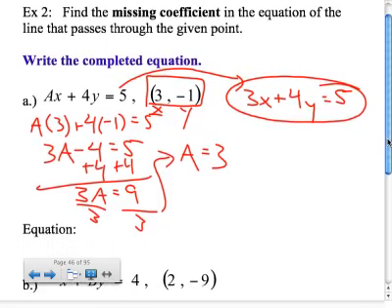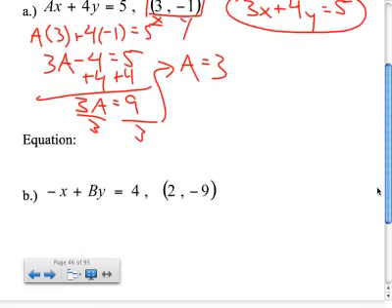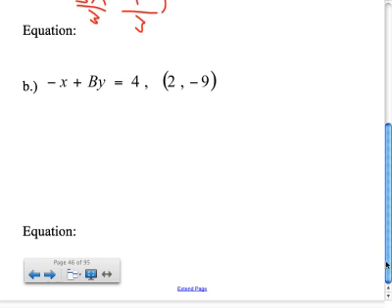So a little bit different type of problem than what we've seen, but really it's pretty straightforward. Just plug in your x and y and solve. So again, x and y. And so you have the opposite of 2 plus b times -9 equals 4. So I'm going to add 2 to both sides.